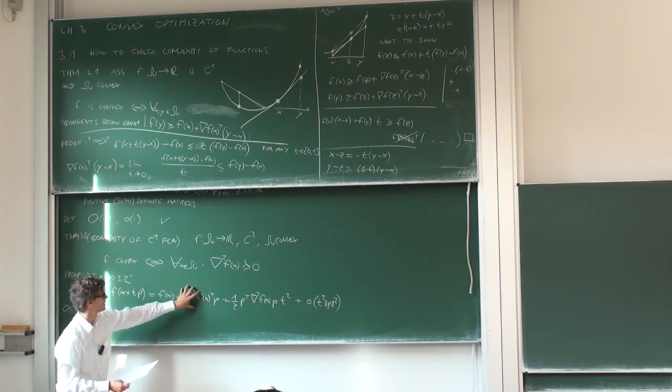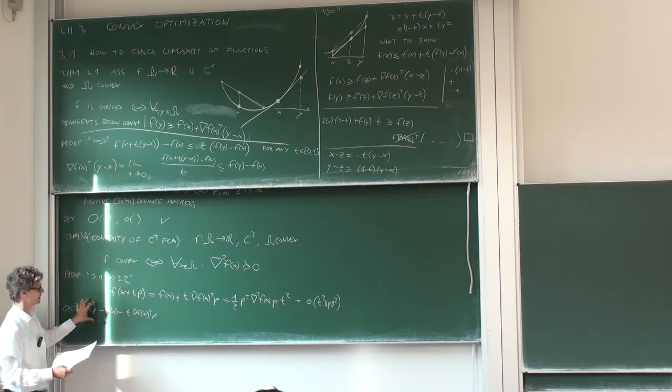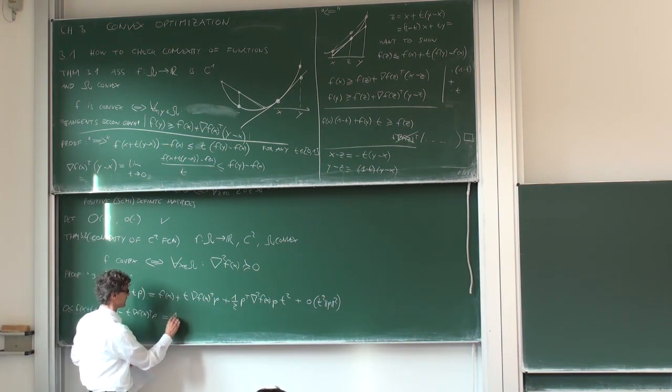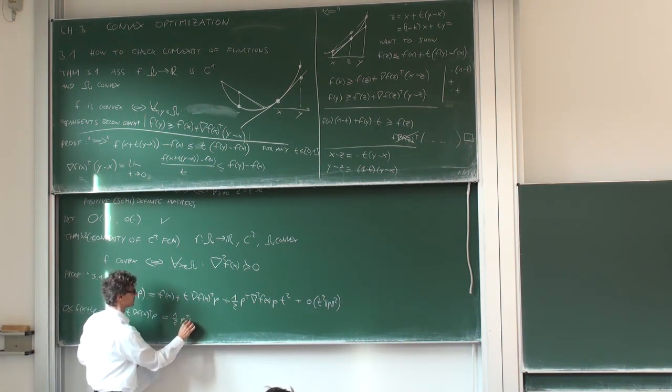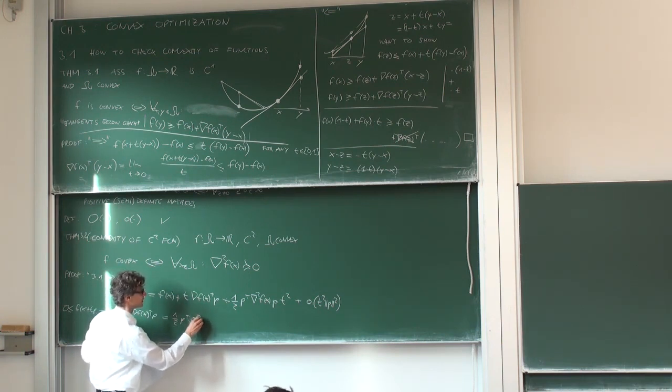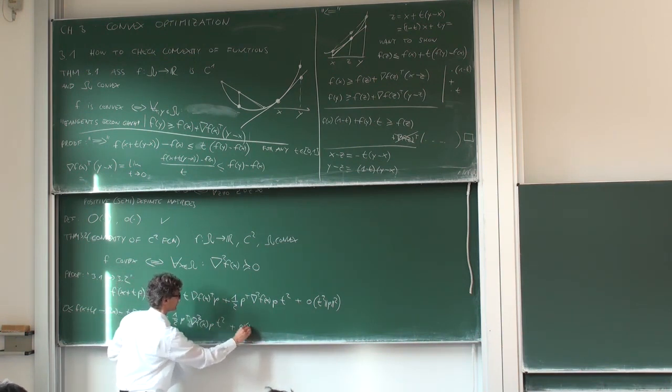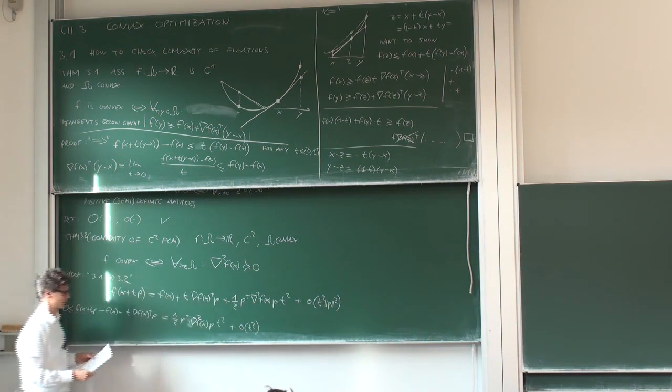So we can bring these terms to the other side. We know this must be bigger than 0, but that is, due to the Taylor series, the same as 1/2 p transpose nabla squared f of x times p t squared plus something which is little o of t squared.